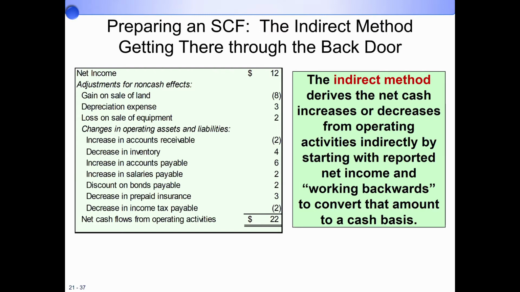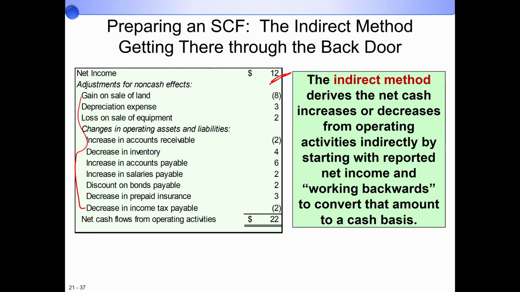Okay, so these are related. Since we want to figure out what is net cash flow from operating activities, because that net cash flow is related to our net income, then we can start with net income and then plus minus those adjustments. Like the example here, we're going to start with this net income, and then we have those adjustments.